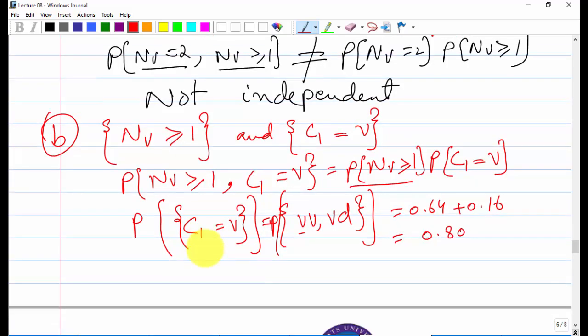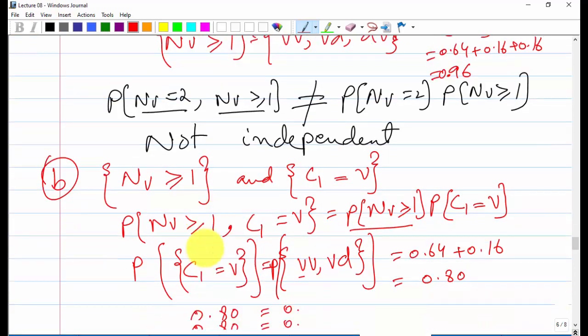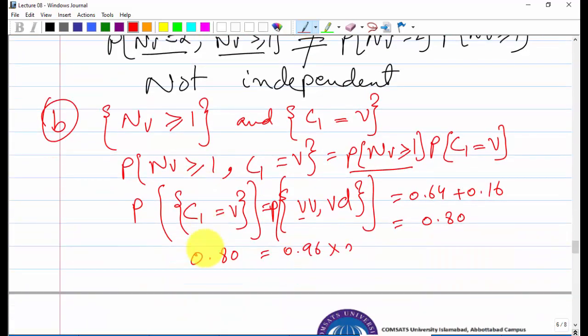So in this case, C1 is equal to V is a subset of NV greater than or equal to 1, so the probability left is this one, simply 0.80. This is not equal to the probability of NV greater than or equal to 1, which is 0.96, times 0.8.